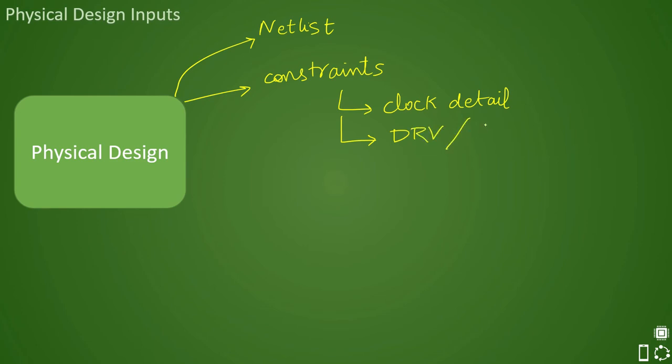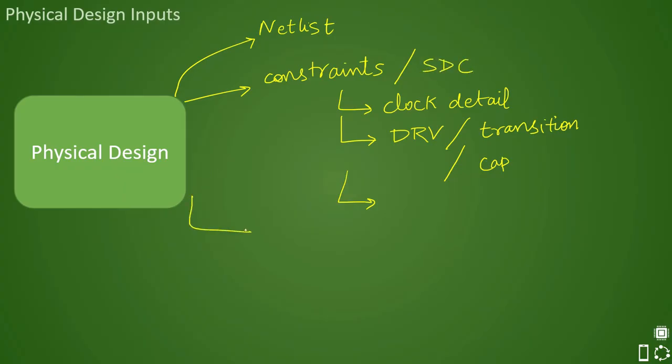DRVs means it will have a transition value of all the cells that are being used, and it might have information about clock capacitance related information of cells, what cell contains what capacitance. All the constraints that need to be respected by the tool are mentioned here. So these details are called Synopsys Design Constraints in Synopsys tools, that is the SDC file.